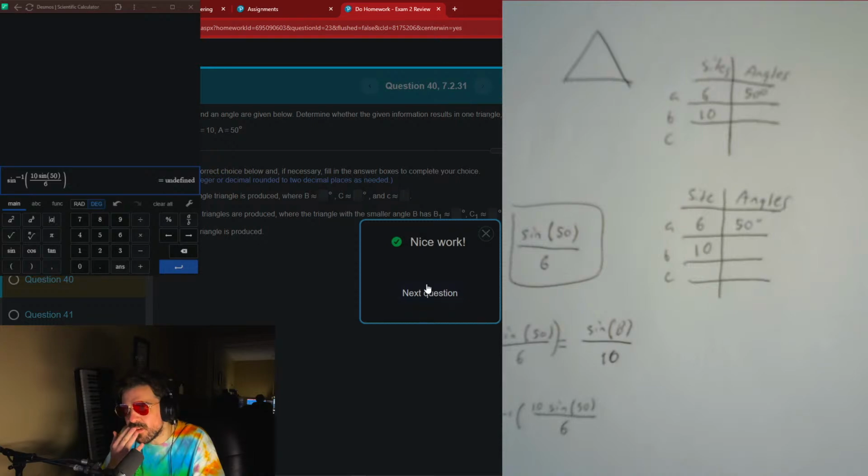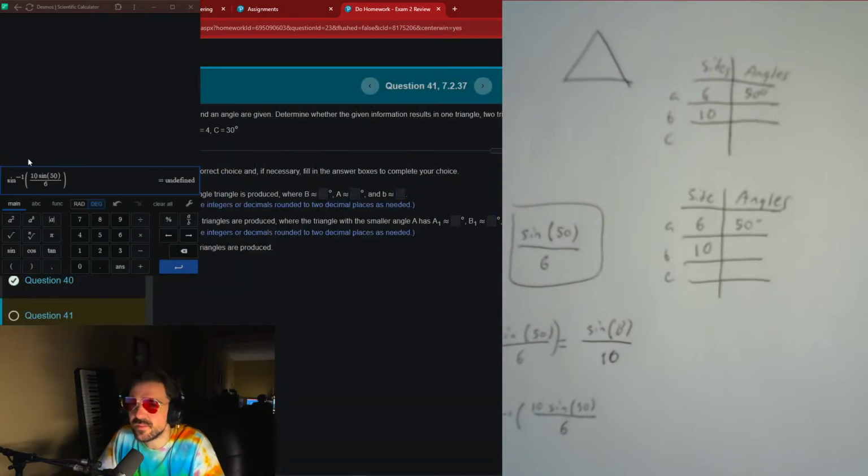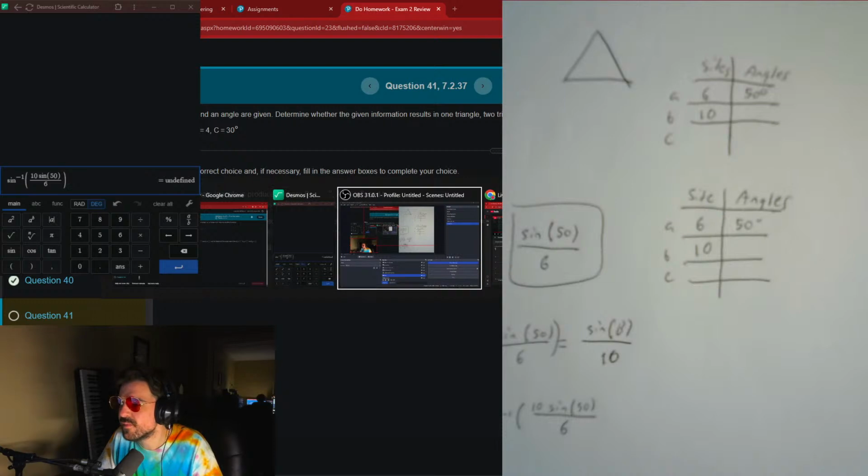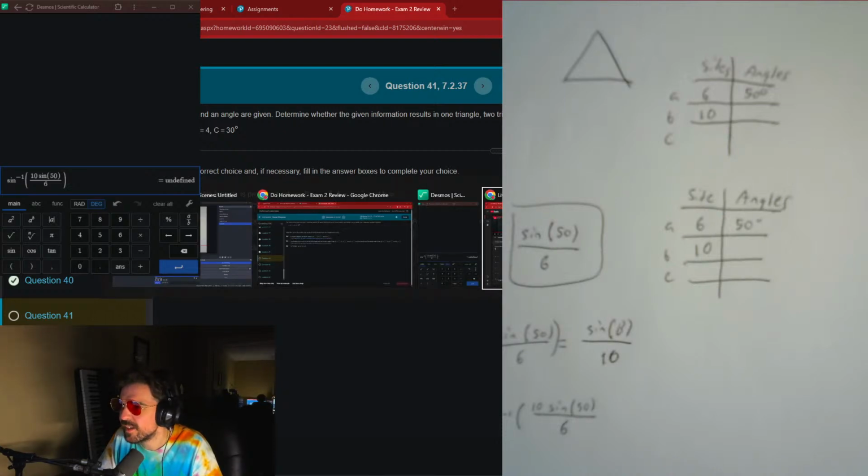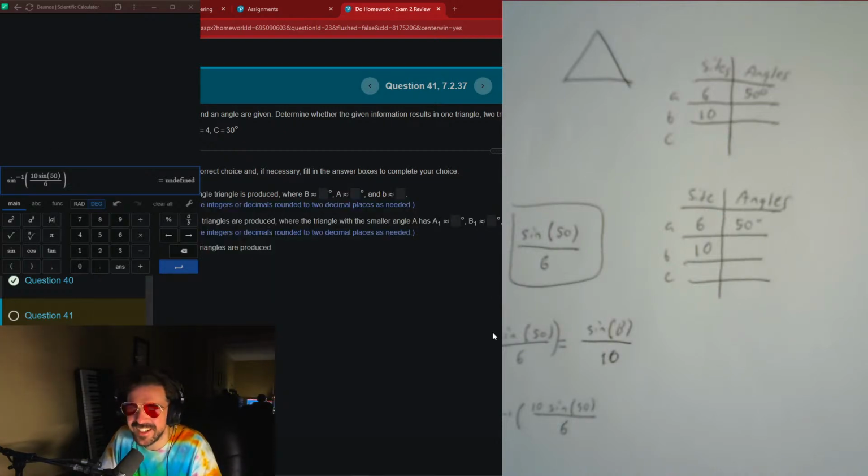It was undefined, so no triangle. So I drew that out for nothing. Great. I'm just going to reuse it right here, for this problem, and just change the angles. Unless this is... Oh, okay, cool.